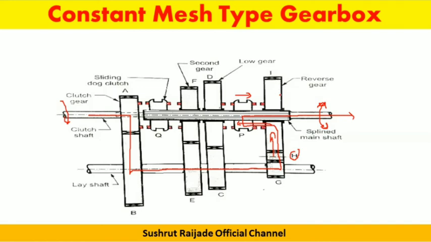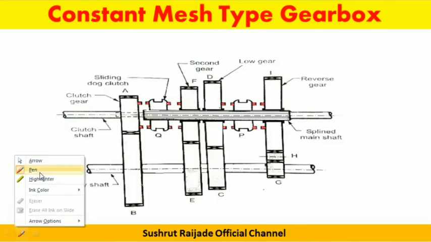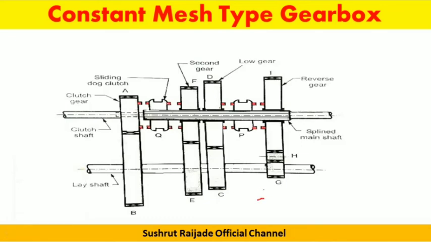Okay, so the gear ratio for the reverse gear will be, let's say, GR equal to NA upon NI. That means NA is the input gear and NI is the output gear.